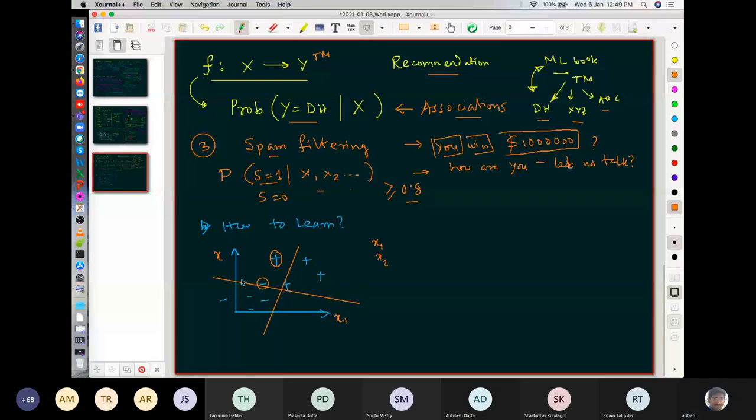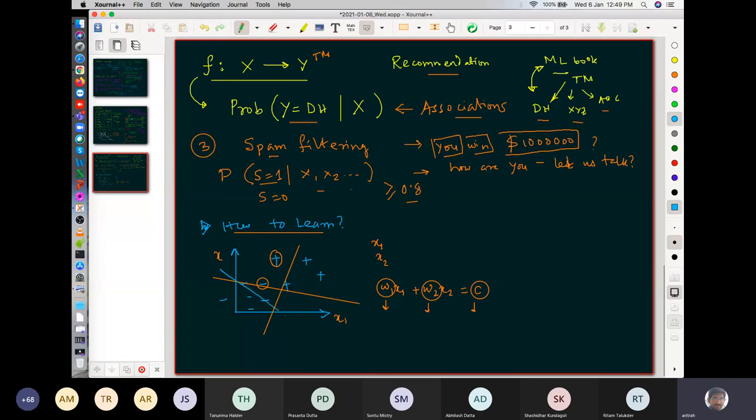In two dimensions, the equation of a line is nothing but w1 x1 plus w2 x2 equal to some constant. That is just the equation of a line. Now the question is how we learn such a classifying line. You have these handles. If you change these three handles, your line may be different, right?